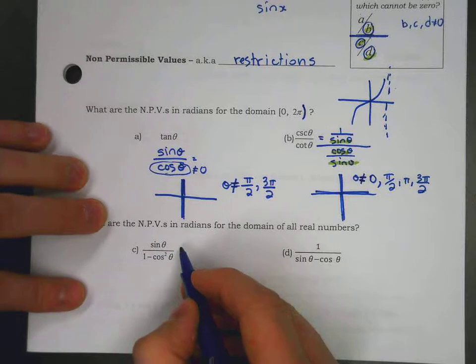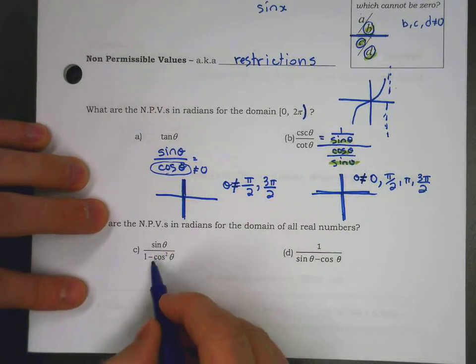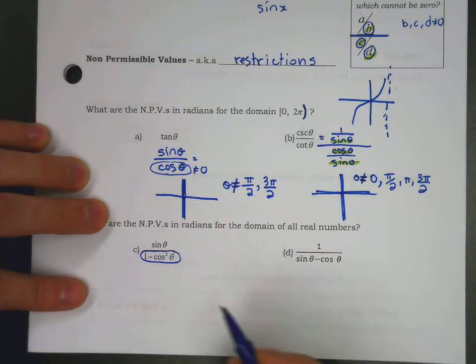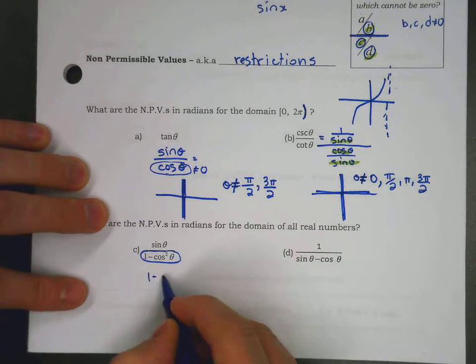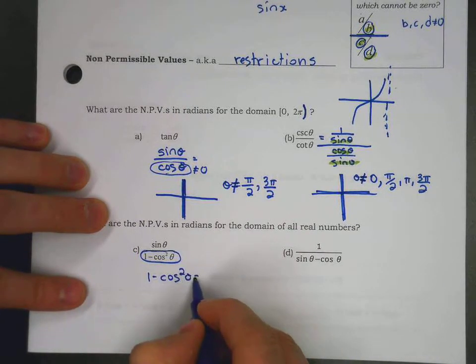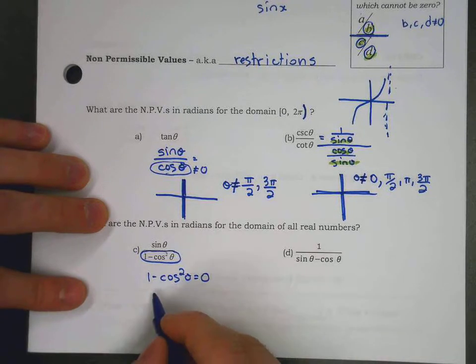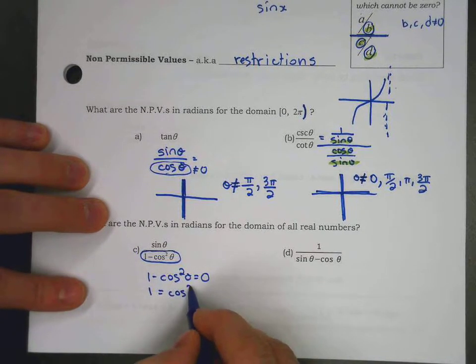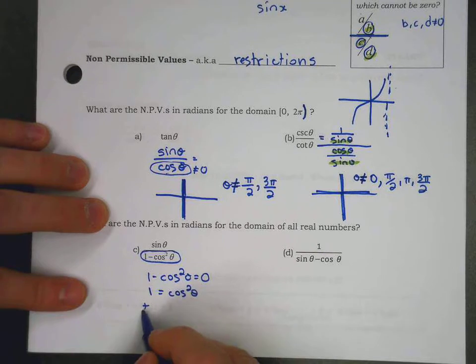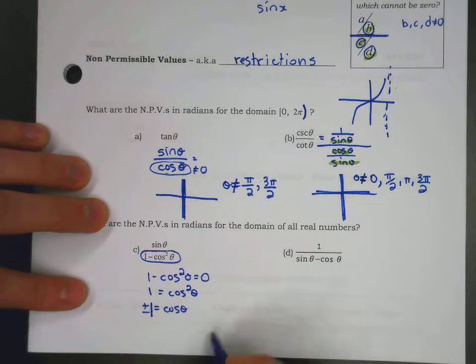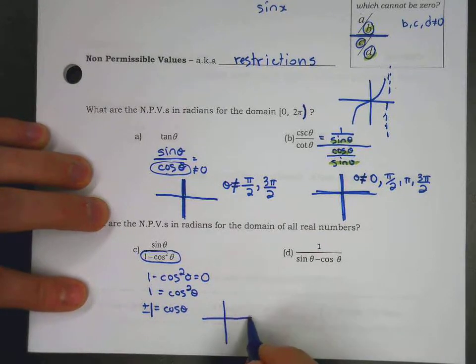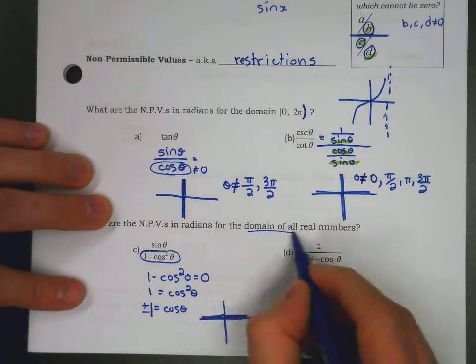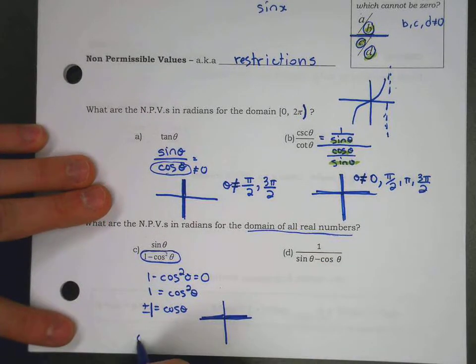Questions can get a little bit more complicated, like sine of theta divided by a denominator of 1 minus cos squared. Now we could really just make this denominator equal to 0 and say, when does that happen? We could add the cos squared over to the right side. We could square root both sides to say positive or negative 1 is cos of theta, and ask, when is cosine positive 1, negative 1, and for the domain of all real numbers, we have to answer as a general solution that theta is not allowed to be these 2 arms.